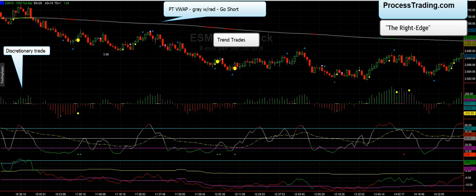So we don't have to look at the discretionary indicators to follow the trade management for it, but you can see how it works as a system altogether, how they confirm each other.